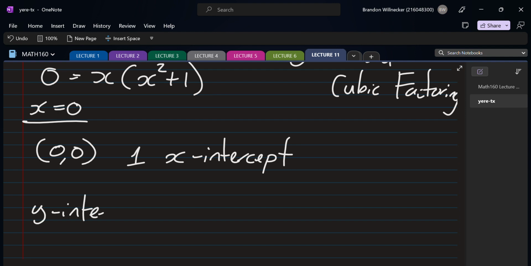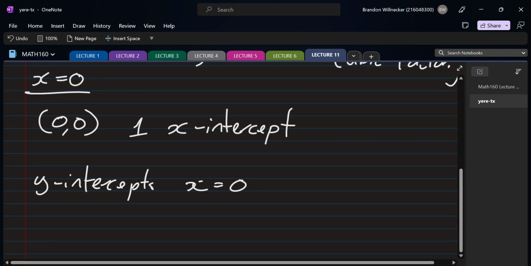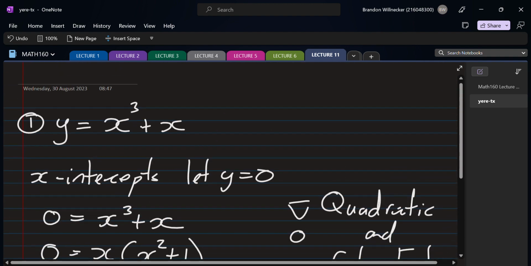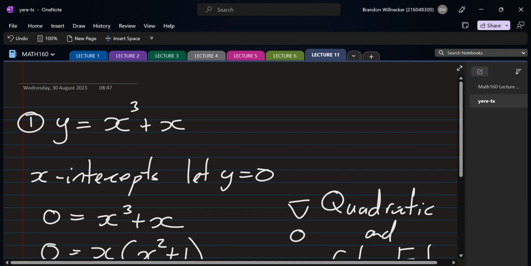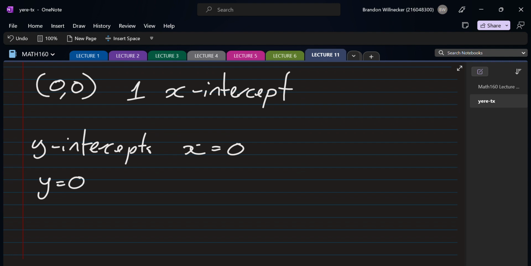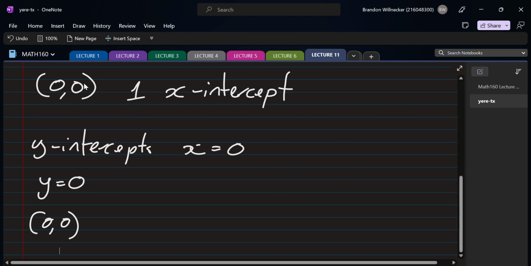For the y-intercepts, we let x be 0 and see what we get. If x is 0, we just get 0 plus 0, that's 0, so y equals 0. We get (0, 0), which is the same as what we got before.